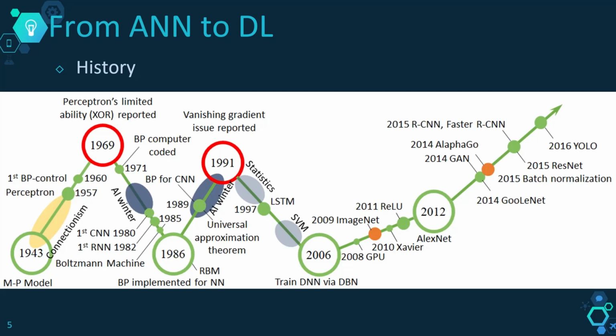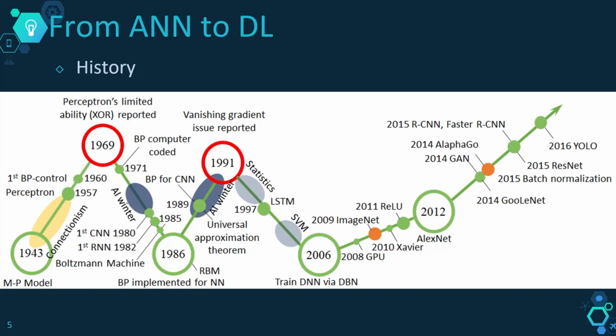Then after that, we have a time when statistics was blooming. This steps into the area of machine learning. In the year of 1997, one very popular RNN architecture, long short-term memory, or LSTM, was proposed.